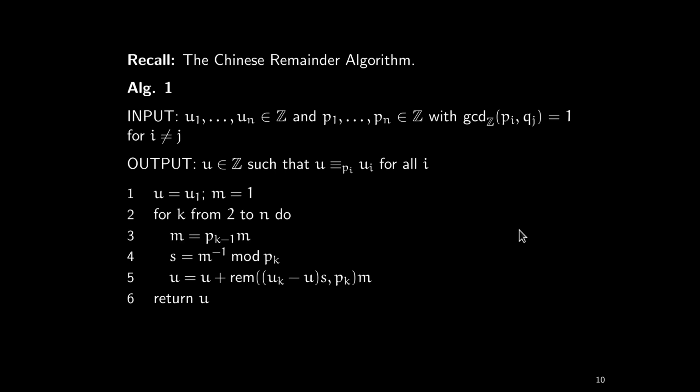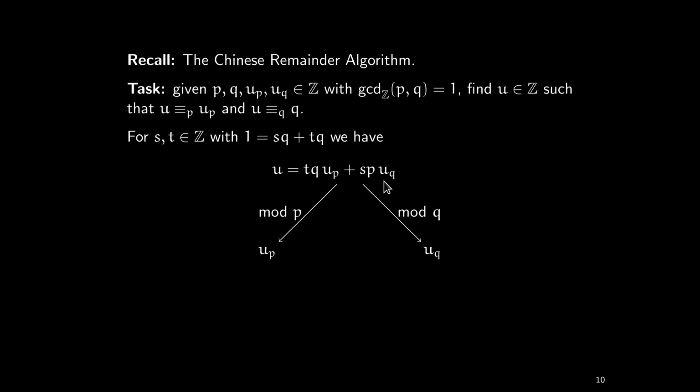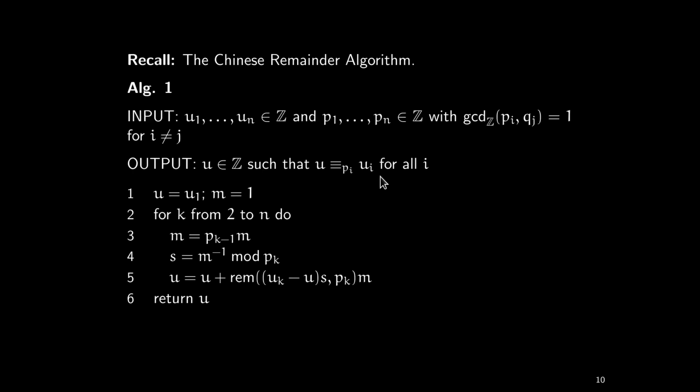If you have several images and several primes, and you assume that the primes, or the numbers for that matter, are pairwise coprime, then you can repeat this step by step. And do this calculation that we did here, just one after the other, to get an integer that is equal to ui mod pi for every i.